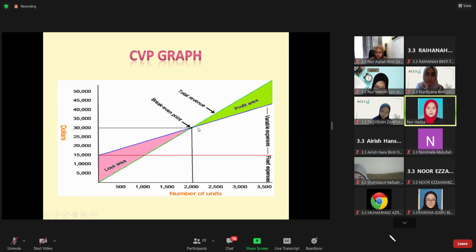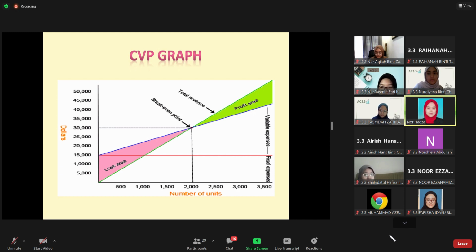Where it intersects with the total revenue, the total revenue is equal to the total cost. This is the break-even point. So you can straight away get the figure from the graph. In this case, the break-even point is 2,000 units.